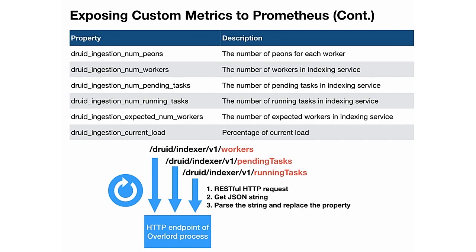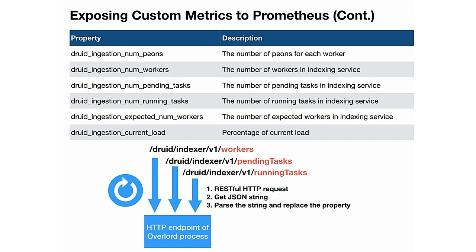Let me explain each property one by one. First one, Druid ingestion number of peons means the number of peons for each worker. As you know, worker is an alias of middle manager. Druid ingestion non-peon is Druid worker capacity, which is defined at middle manager process configuration.